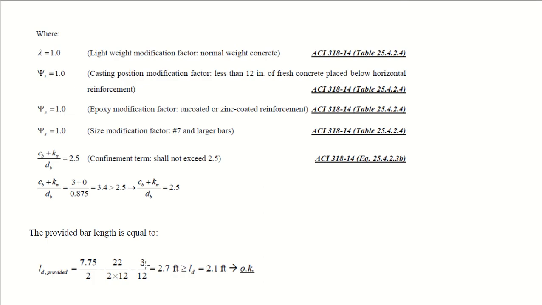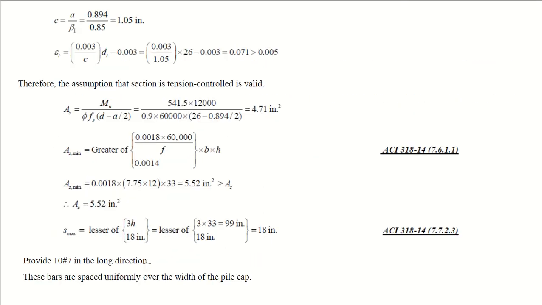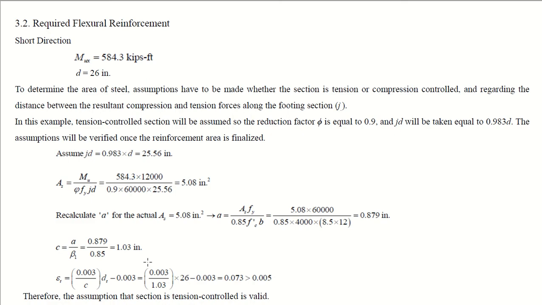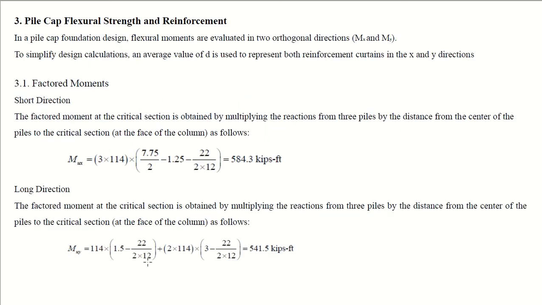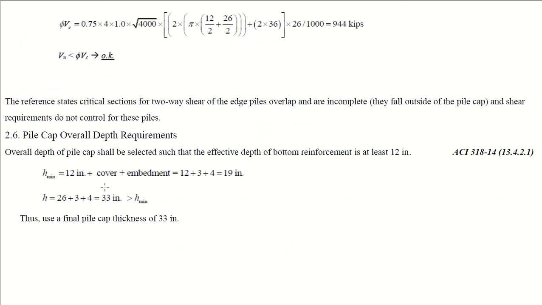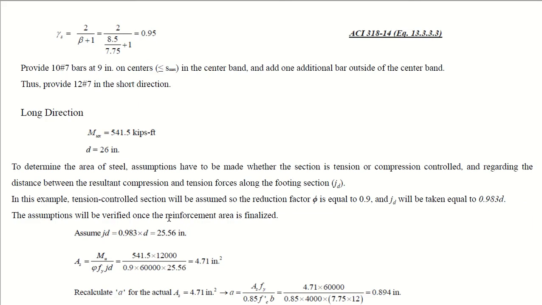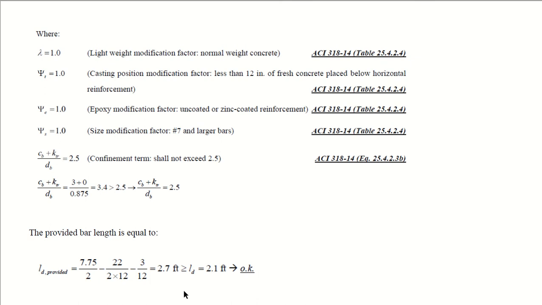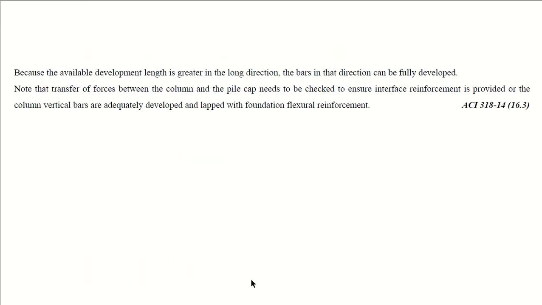It is a clear cover, 3 inches. Let me show you, this is the cover, 3 inches, right? So after solving it, it's 2.7 feet, which is greater than the required development value of 2.1 feet. So okay, we are on the safe side.